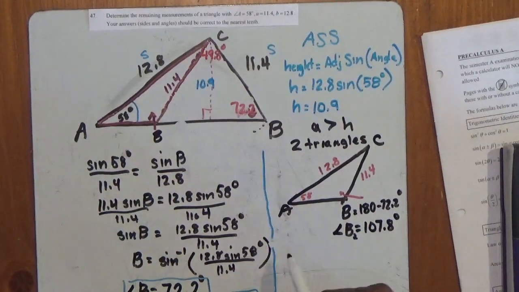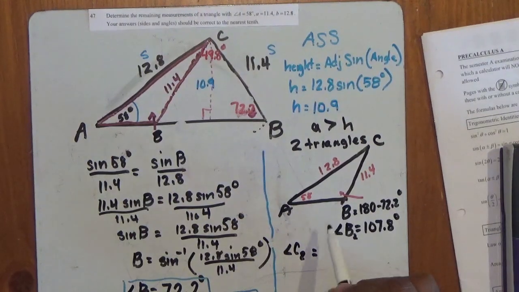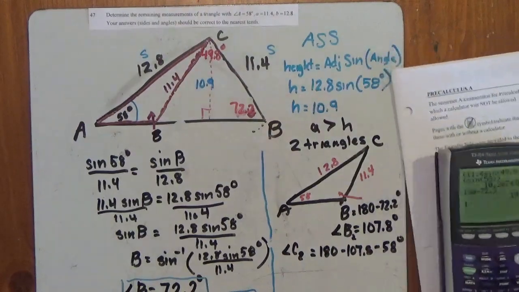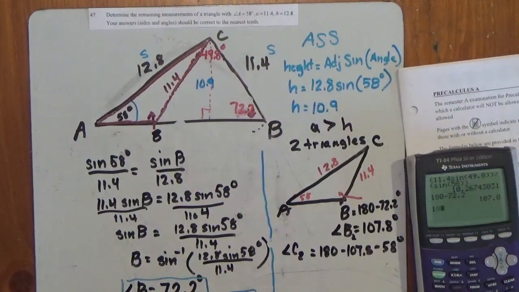Now, we're going to need to find the second angle C. We're going to do what we did before. We know 2 of the 3, so we go 180 minus 107.8 minus 58. It should be pretty small, right?